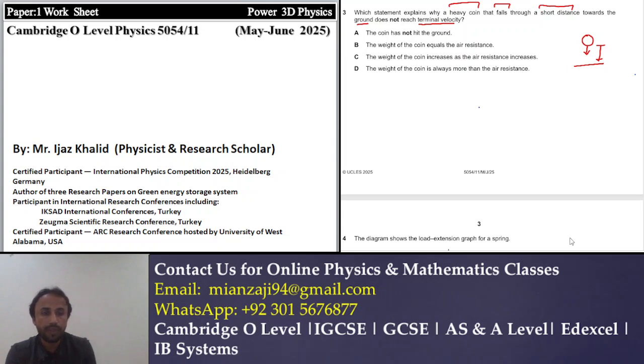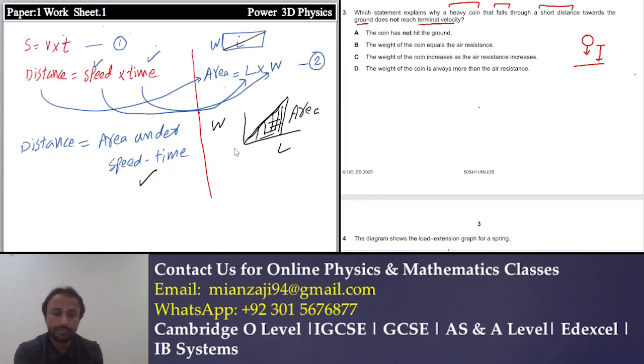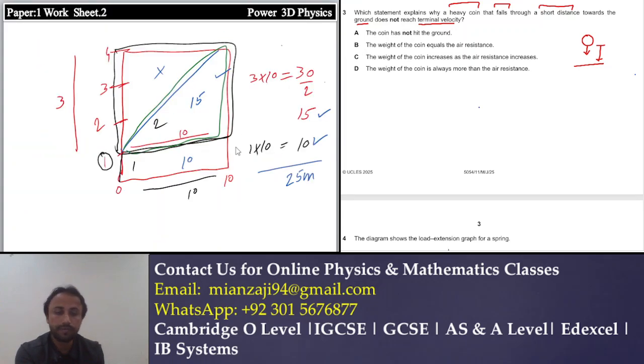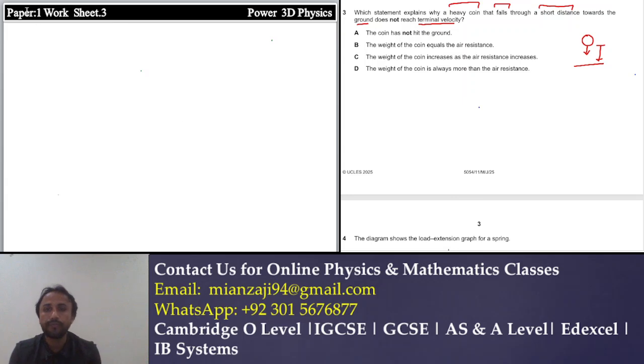First of all, we will understand what terminal velocity is in our worksheet. This was our last question. Now the overall scenario is, this is a coin, its mass is very heavy, and this is ground level, and the coin is falling toward the earth.